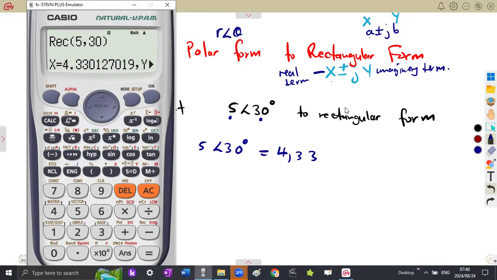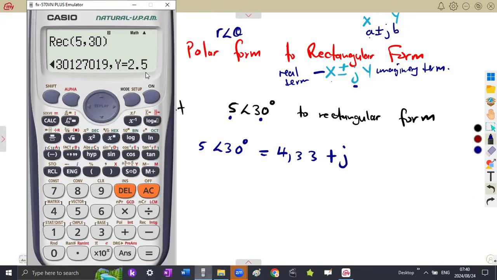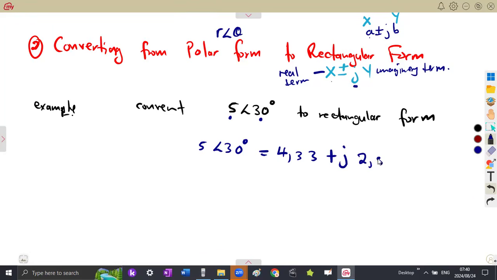You have to check the value of Y that you're given. Is it a plus or a minus? The Y that we have is a plus, so we are going to have plus. Y is always with a J, that's the imaginary term. So that's J, the value of Y that we got there, which is 2.5. Just like that.